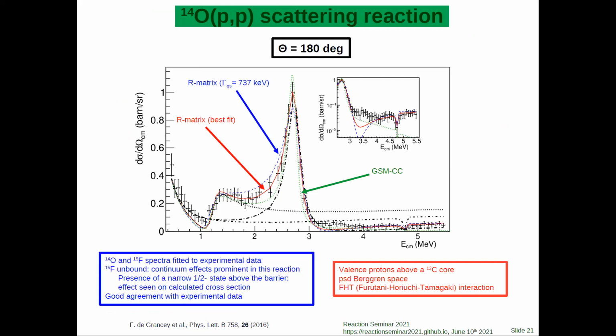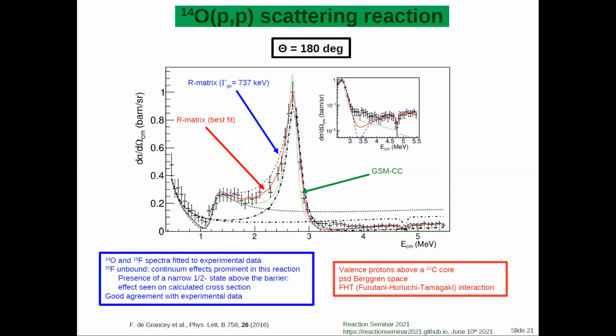This is a more complicated application, which has been done a few years ago, and it is related to the resonances of fluorine 15. It is proton-proton on oxygen 14, and fluorine 15 is basically one proton above oxygen 14, so that its first two states are basically single particle states, 1/2+, 5/2+, very close to 1s1/2 and 0d5/2.